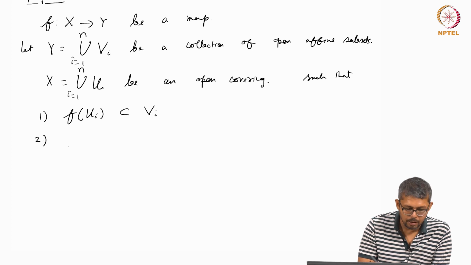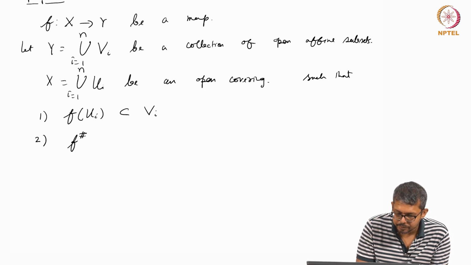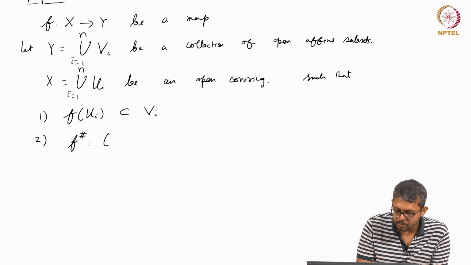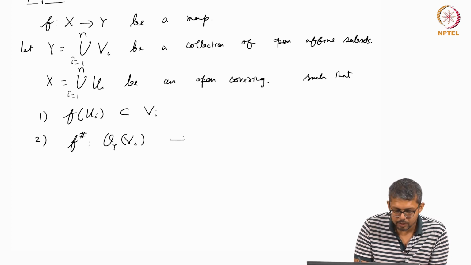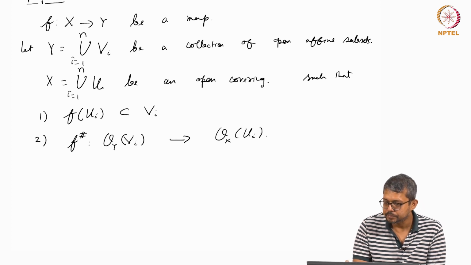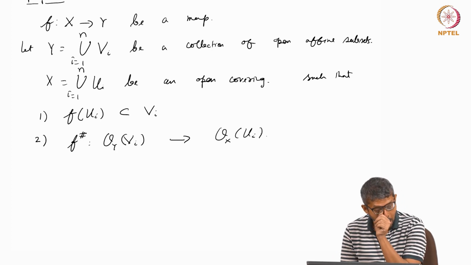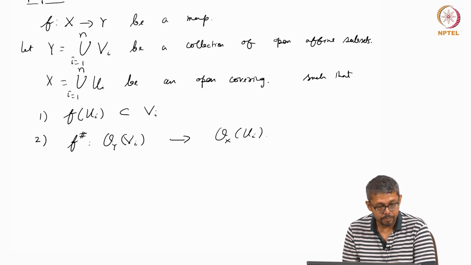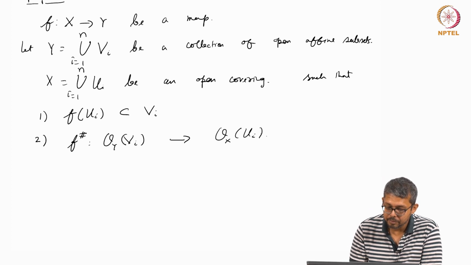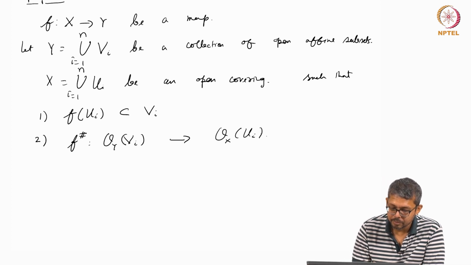And f hash is the map from O_Y of V_i to O_X of U_i.